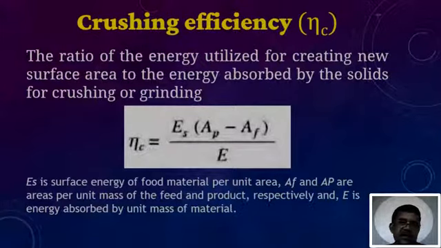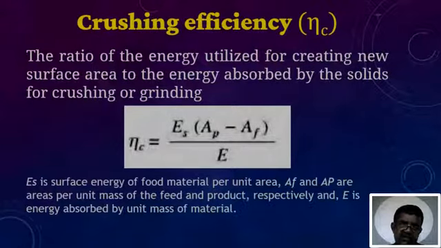So the formula for the crushing efficiency is given by eta C is equal to the product of Es into the difference between area of product and feed, over the energy absorbed by unit mass of material.